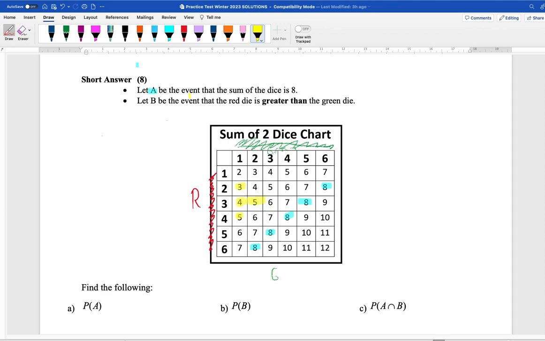The 4 should be here, here, here, and not there. The 5 is here, here, here, and here. But the 6 is bigger than that 1, that 2, that 3, that 4, and that 5.